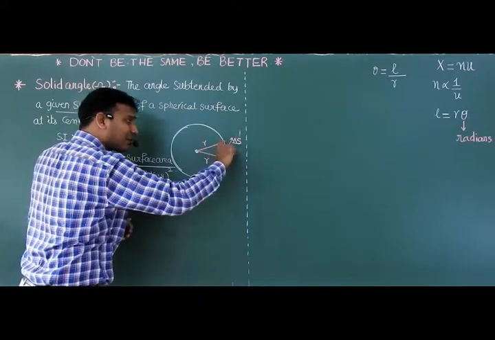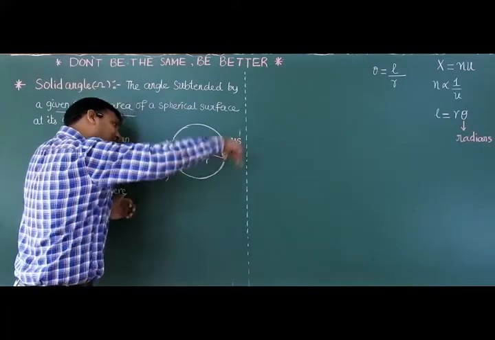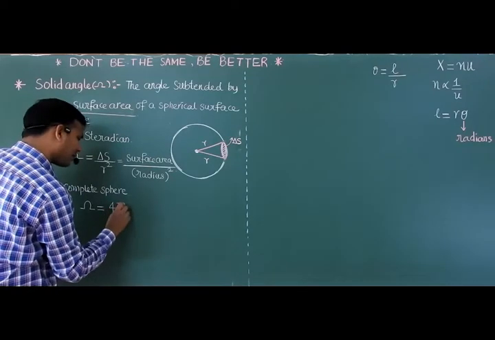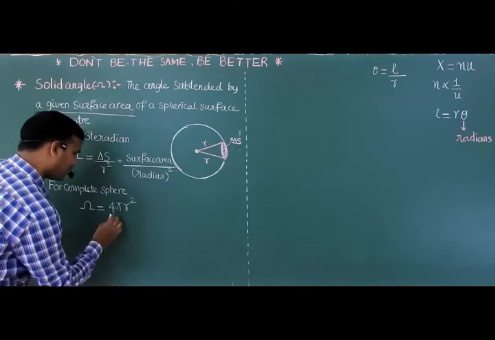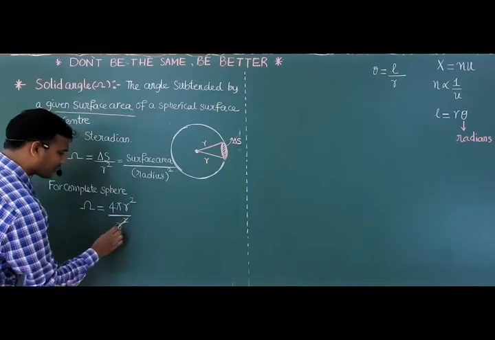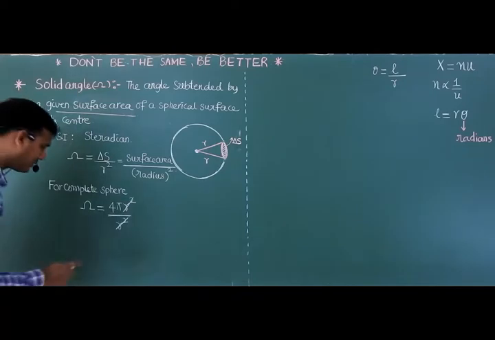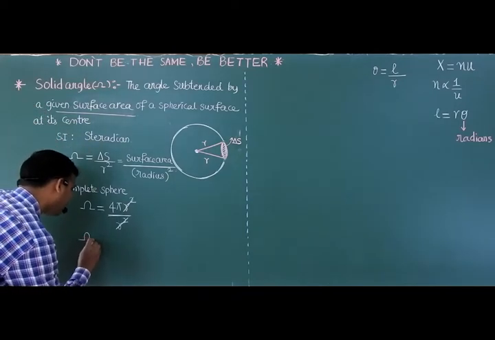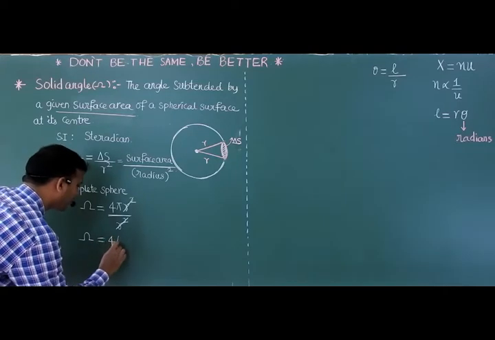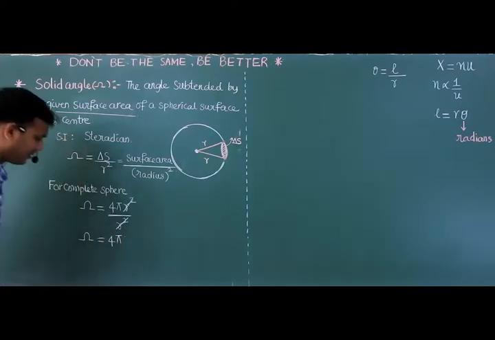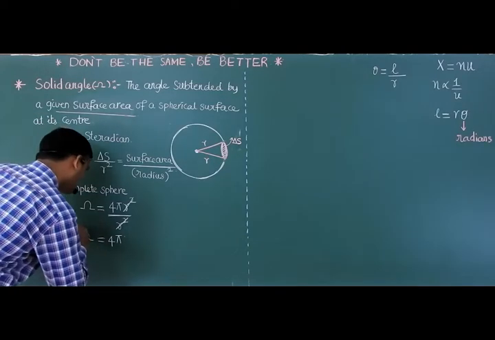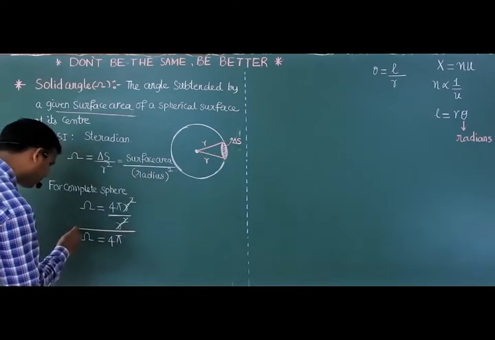I am not asking about this much portion, I am asking about the complete sphere. 4 pi r square divided by r square. R square cancels, then the solid angle for a complete sphere is equal to 4 pi. Very important relation. Please remember.